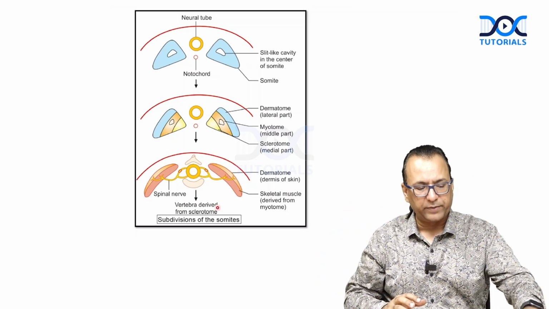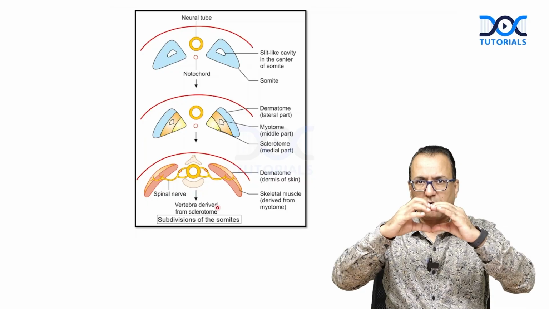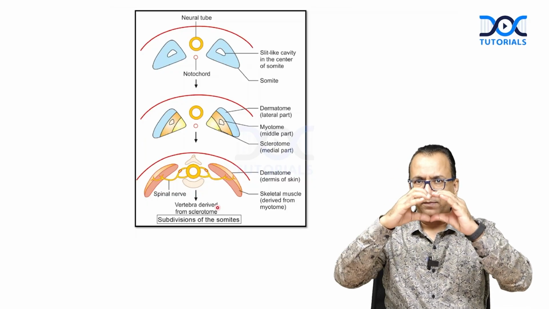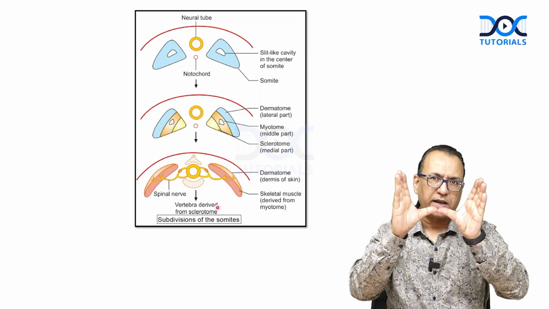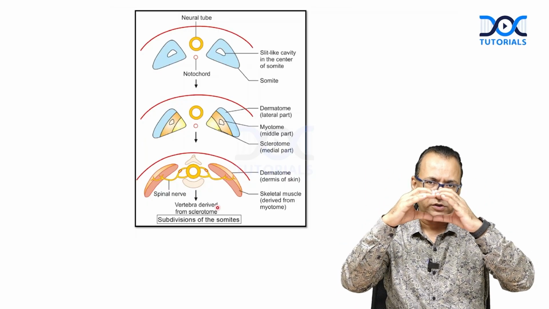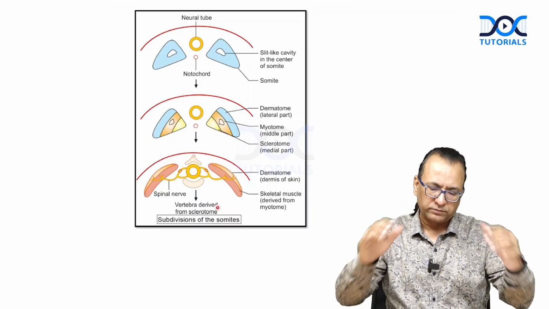Now, it may happen that there's an open neural tube defect, meaning the spinal cord is open. If there is a spinal cord open, then the vertebra is also open, which is called spina bifida. So the two sides of the vertebra could not fuse because the spinal cord itself was an open neural tube defect.